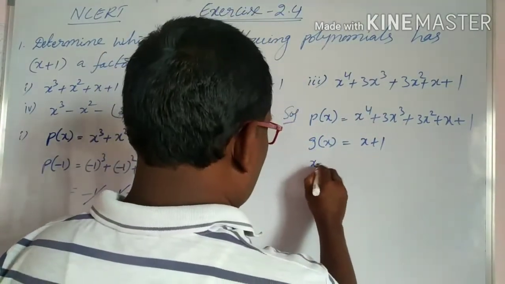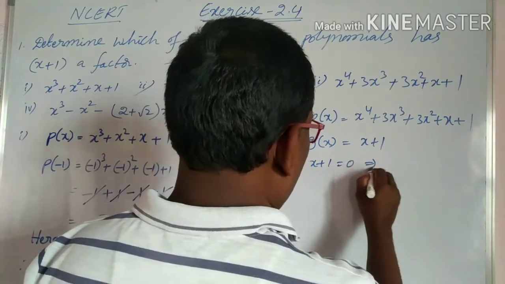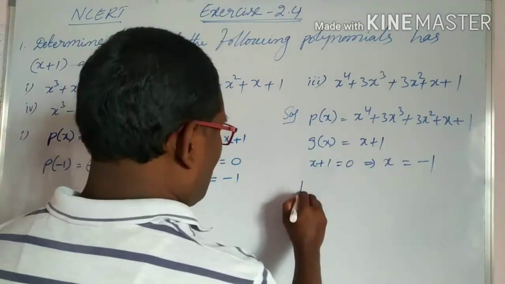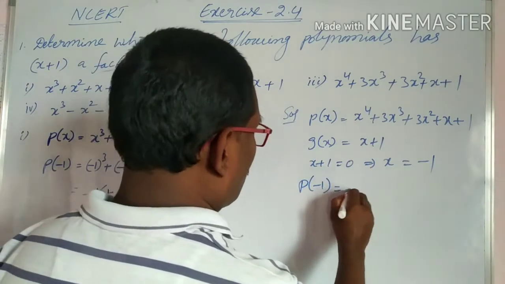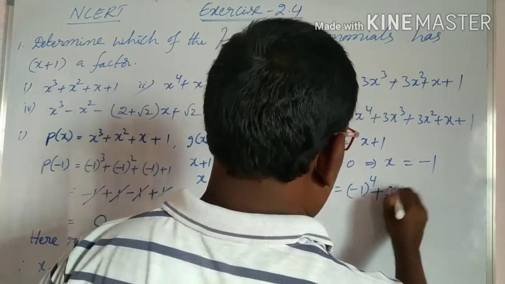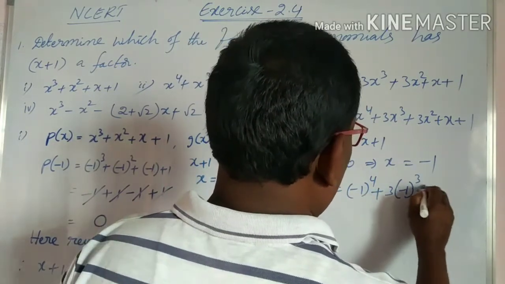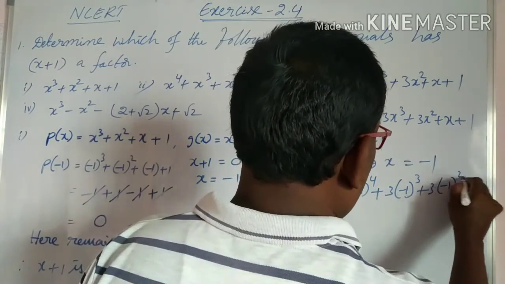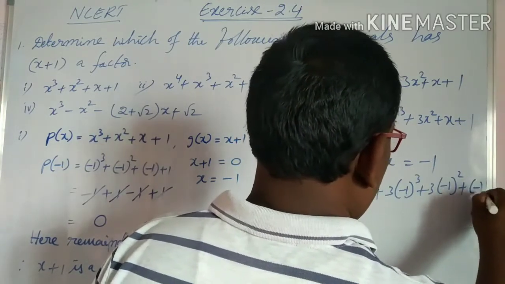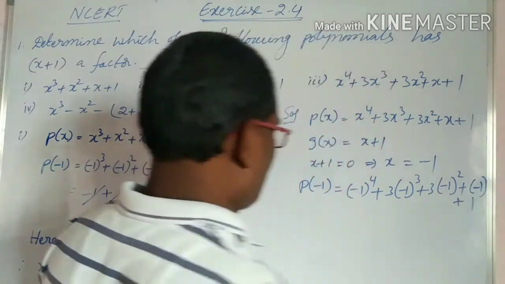Then x plus 1 is equal to 0, that implies x is equal to minus 1. Substitute again here, p of minus 1 is equal to minus 1 whole power 4 plus 3 into minus 1 whole cube plus 3 into minus 1 whole square plus minus 1 plus 1.